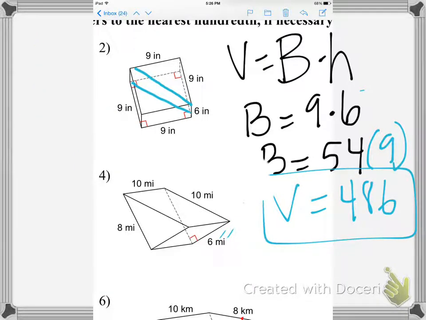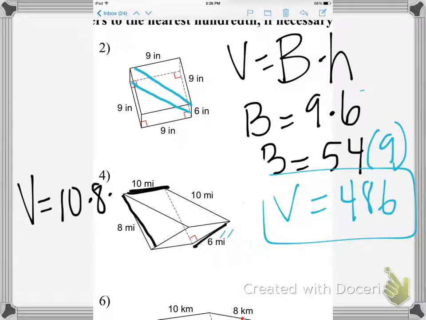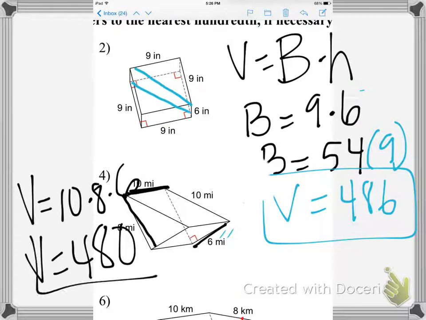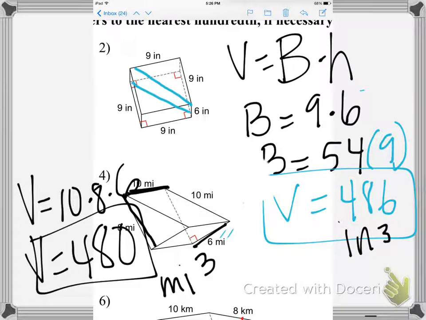So I'm going to multiply the 3 dimensions. 10 is like the depth. This is the length here. And then this is kind of like the width down here. So that's 6. So that's 80 times 6. I believe the volume is 480. Oh, and that would be miles cubed. I haven't been putting the units, so number 2 is inches cubed. Volume is always in units cubed.